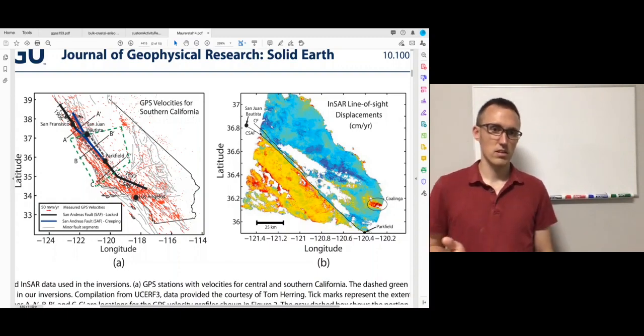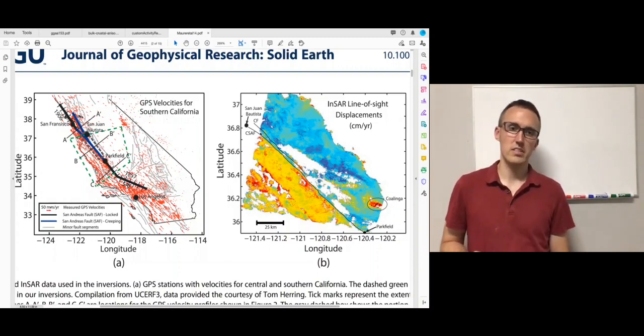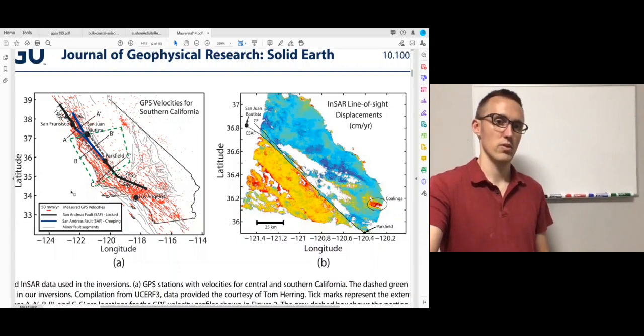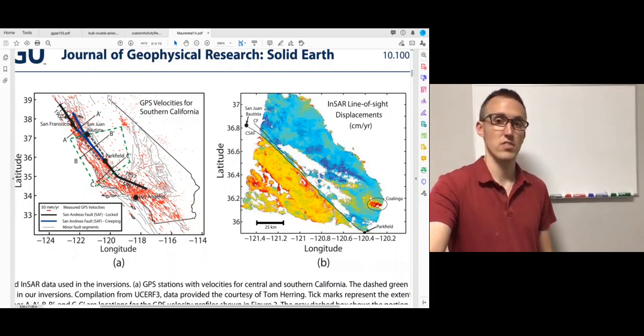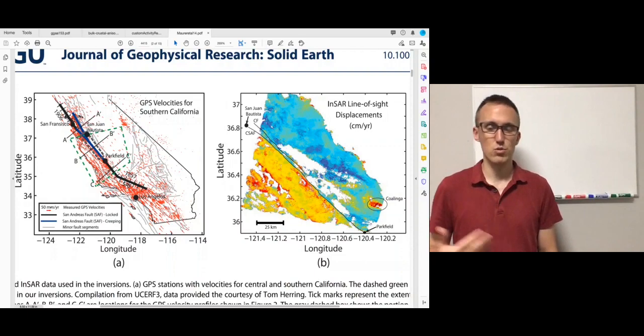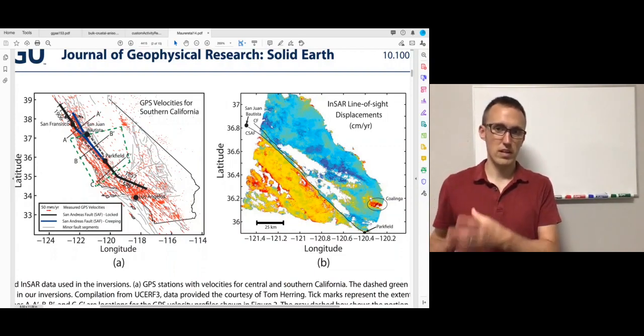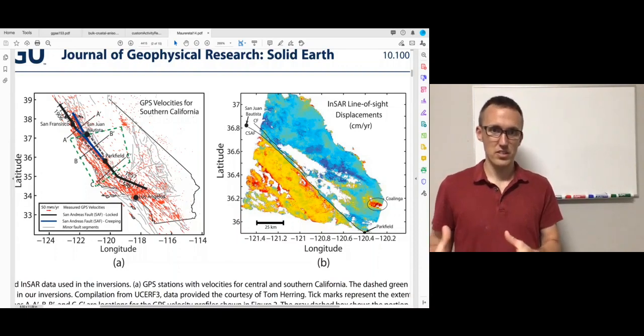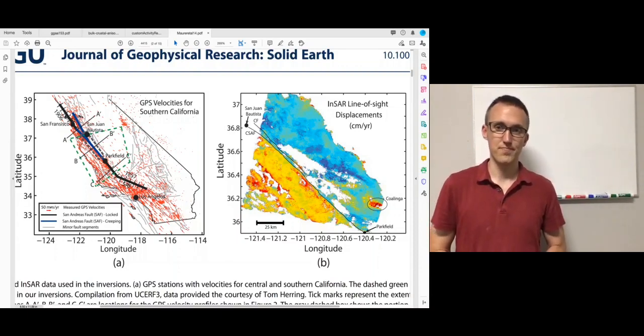And then a very important note here is the scale. So 50 millimeters per year, the length of that arrow is a 50 millimeter per year GPS velocity vector. And these are GPS velocities relative to stable North America. So if you fix North America, have it sitting still, this is how fast these velocities are moving.